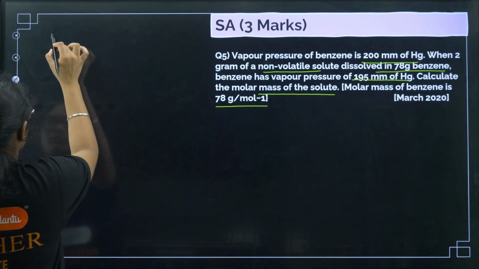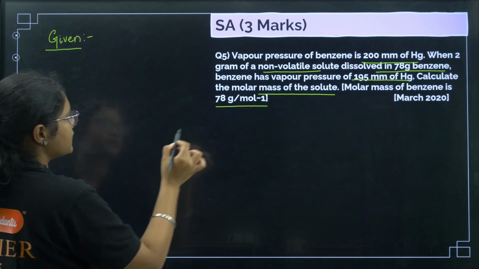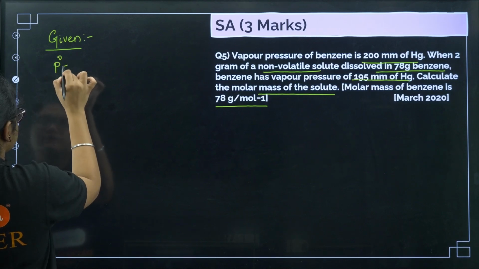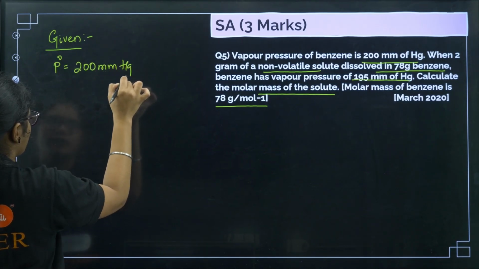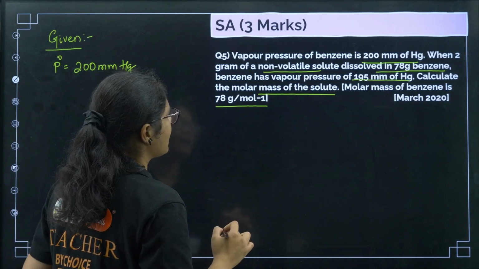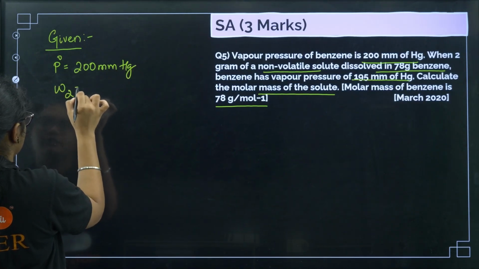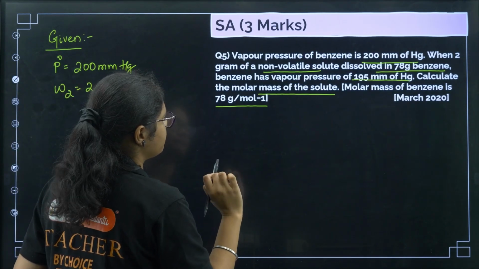So first let us note down the given values. Vapor pressure of pure benzene, that means P0 value, is 200 mm Hg. Next, 2 gram of a non-volatile solute, that is the mass of the solute, is dissolved in 78 gram of benzene.